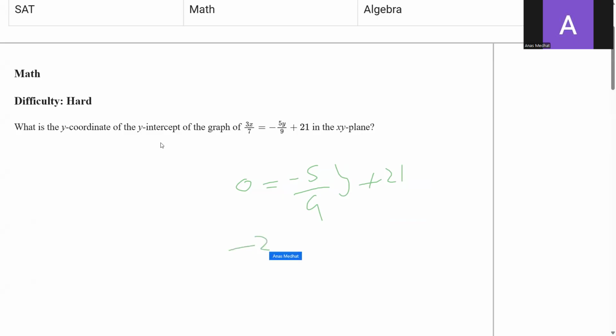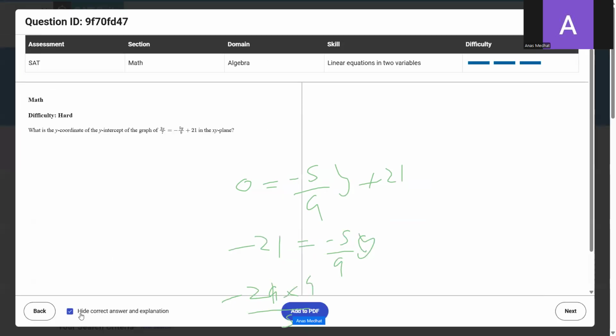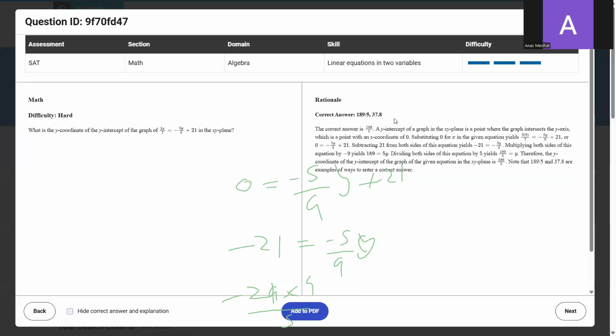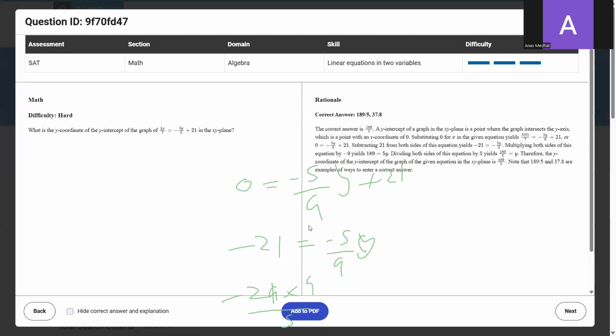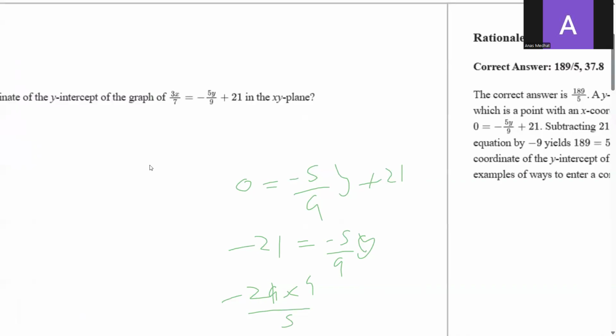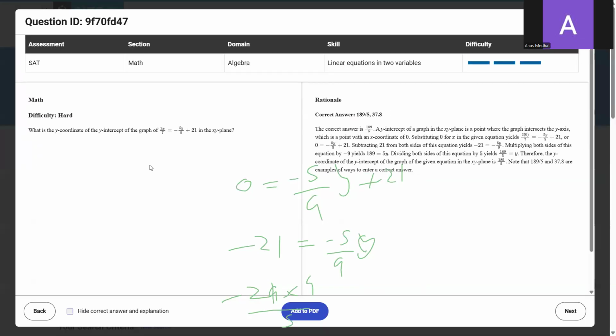Negative 21 equals negative 5 over 9 y. So y equals negative 21 times 9 over 5. It will give you 37.8 approximately. And the negative will cancel out.